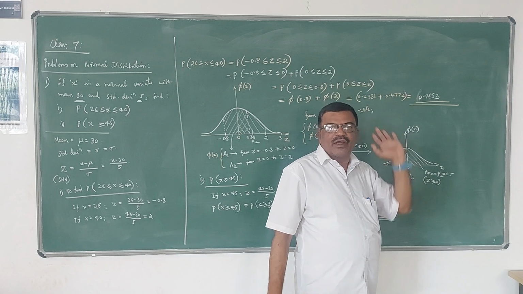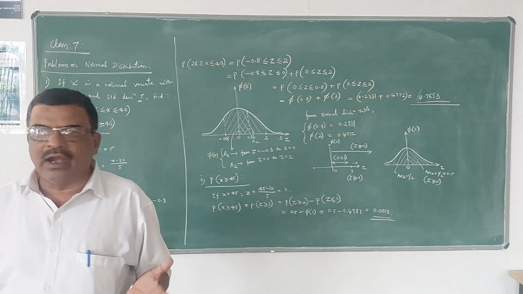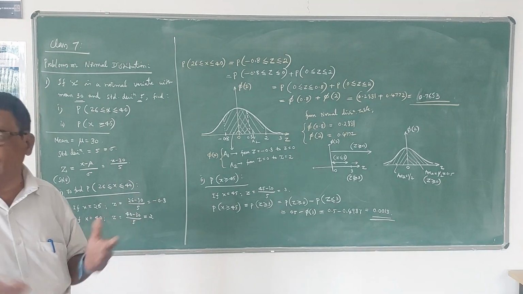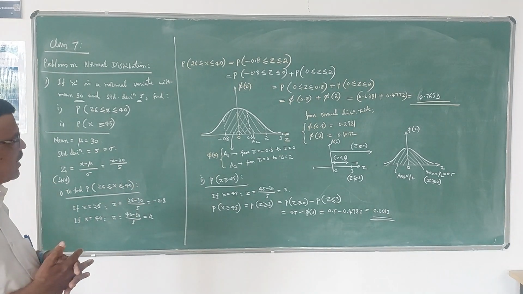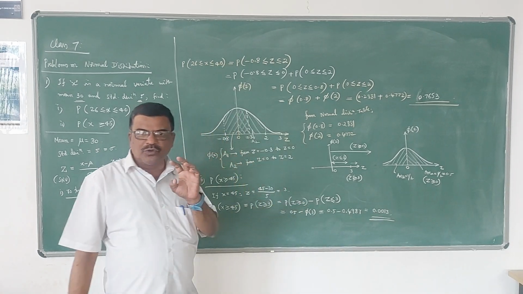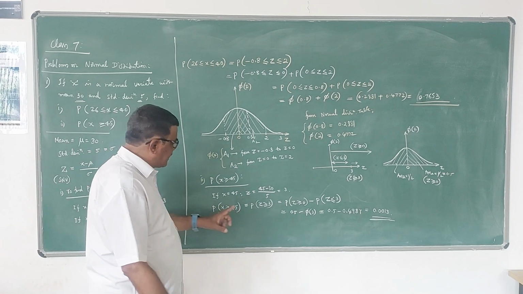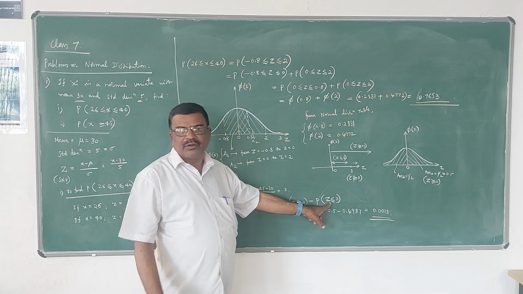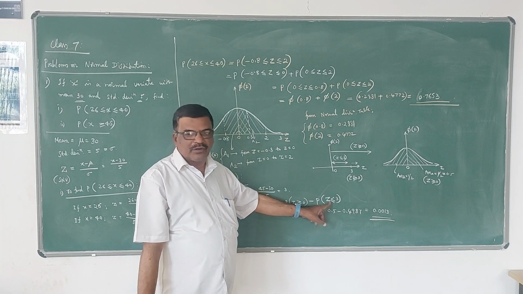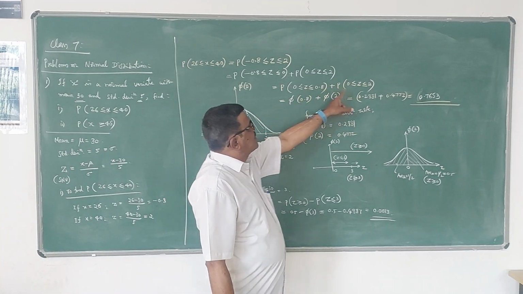So this is how we have to do it. We convert x to z, and then use the standard normal distribution table to get the values of phi of z. To use that table, the probability should be of the form less than or equal to.